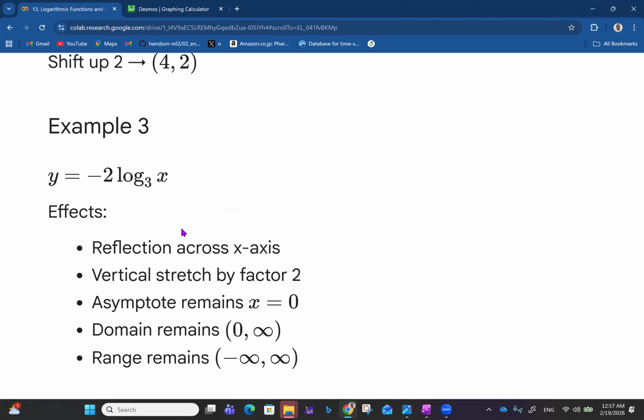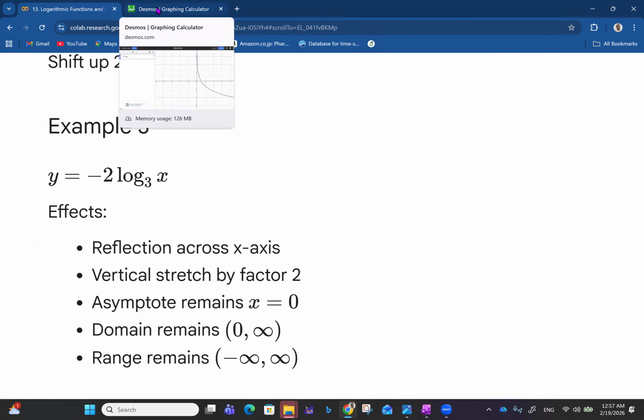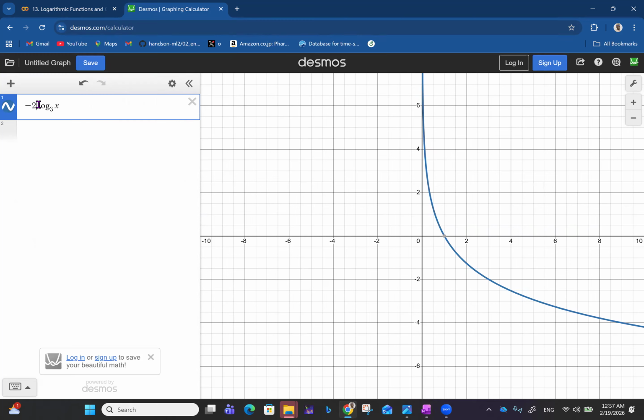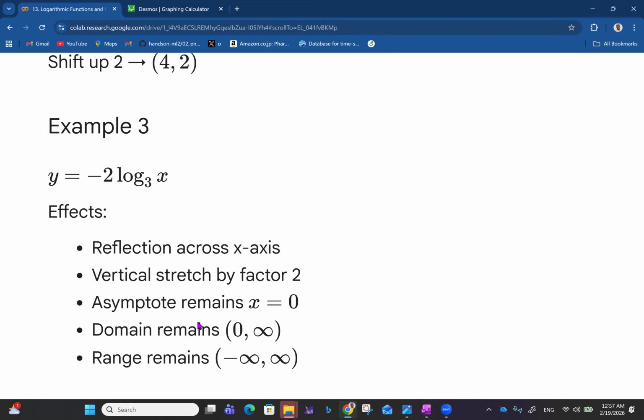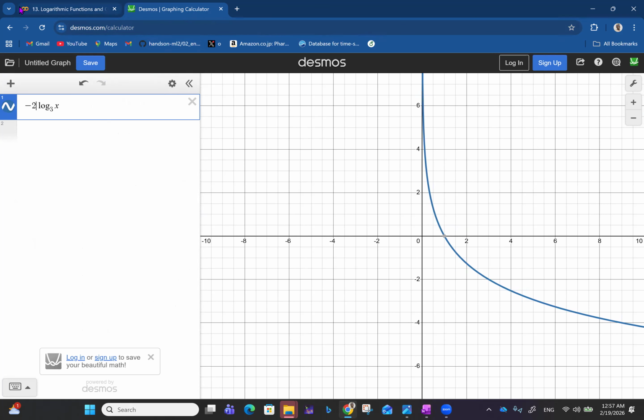Then what else? A vertical stretch by a factor of 2. If the 2 wasn't there, it compresses, but by adding the 2 now, it stretches. The asymptote remains x equals 0, the domain remains (0, infinity), and the range remains minus infinity to infinity. So that's what all of that shows.